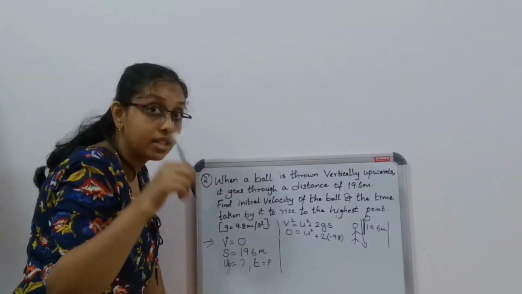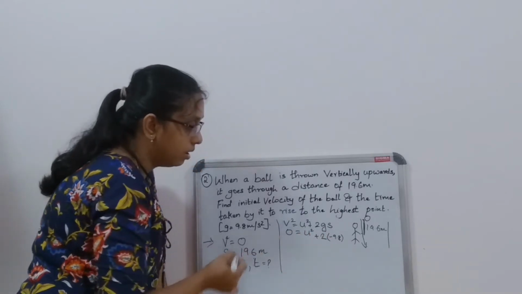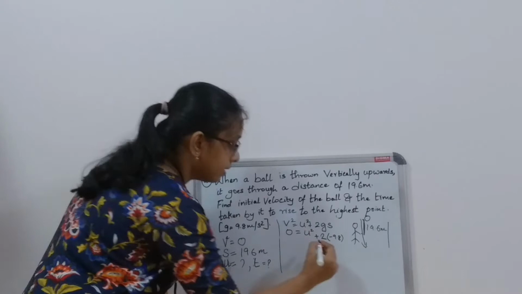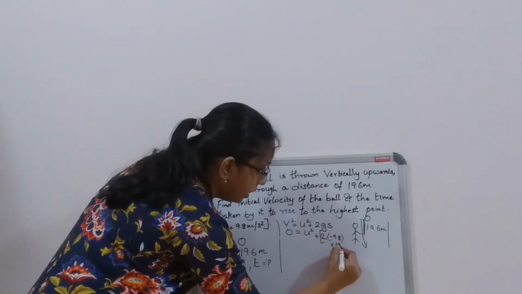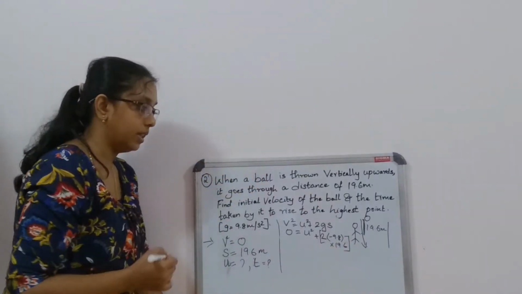It is retarding, so that's why we are using the negative sign here. So minus 9.8 into the distance, which is 19.6 here.